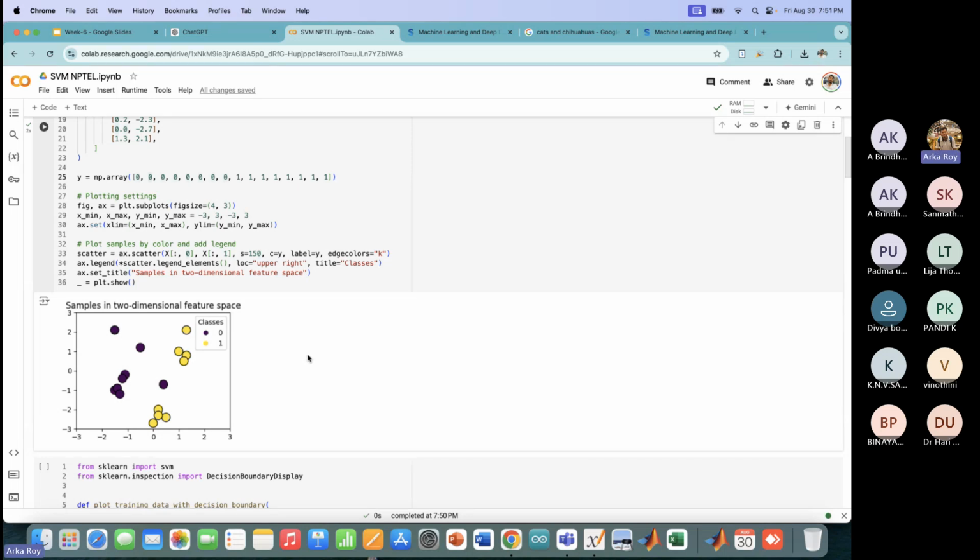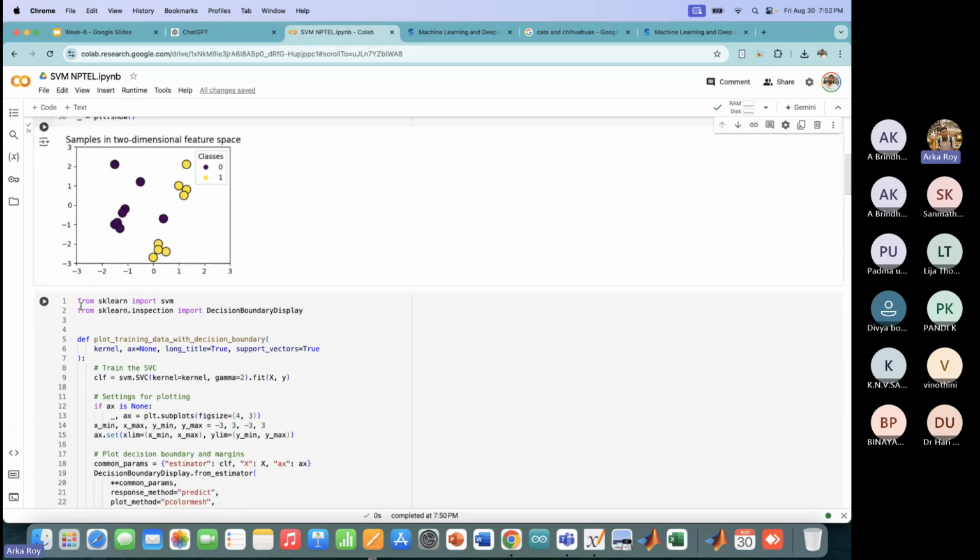Just by the basic visualization itself, you can see that this is very hard to classify as far as a linear decision boundary is concerned, because this is somewhat a non-linearly separable problem. But still we'll start with linear SVM, and then we can see whether we can do better classification with the non-linear SVMs as well.